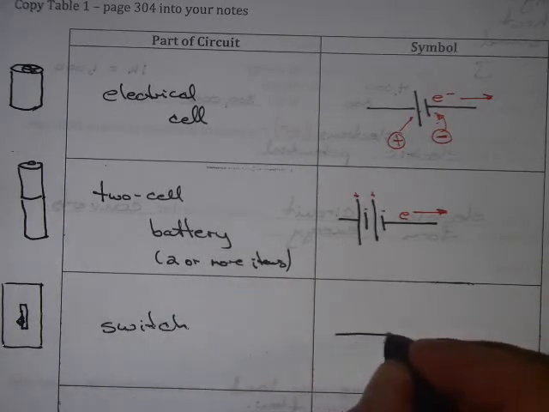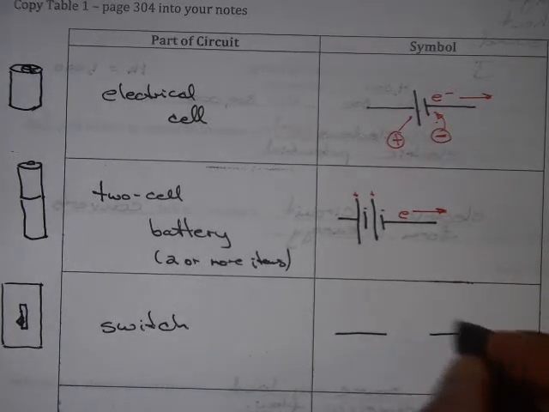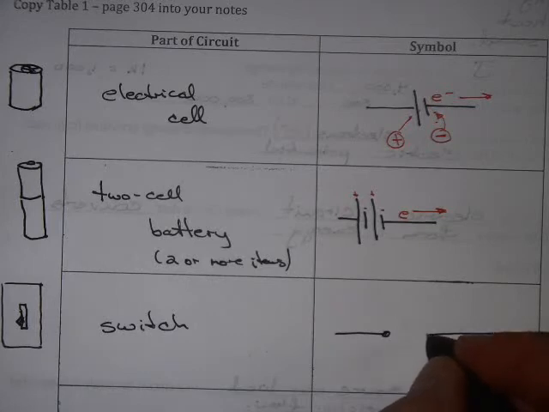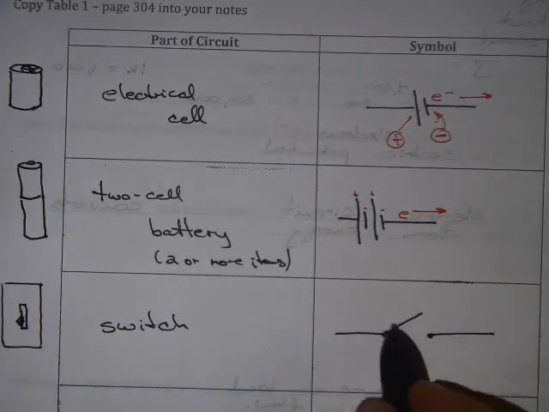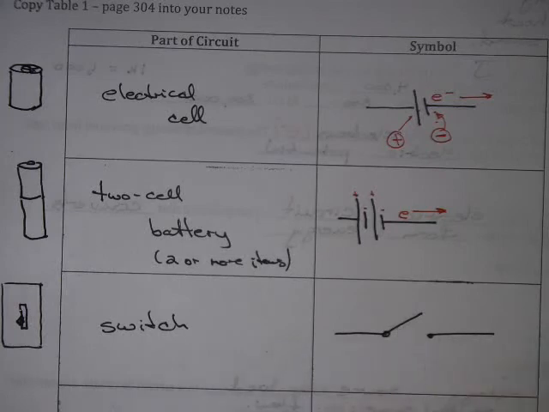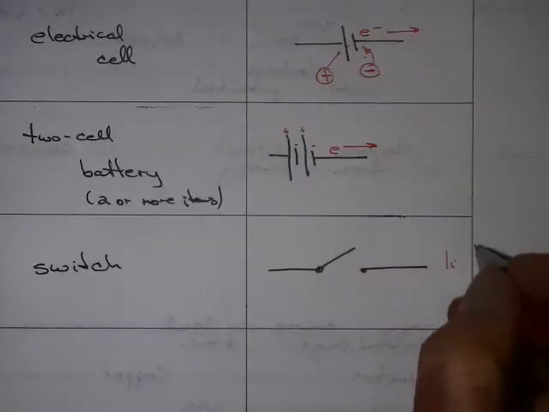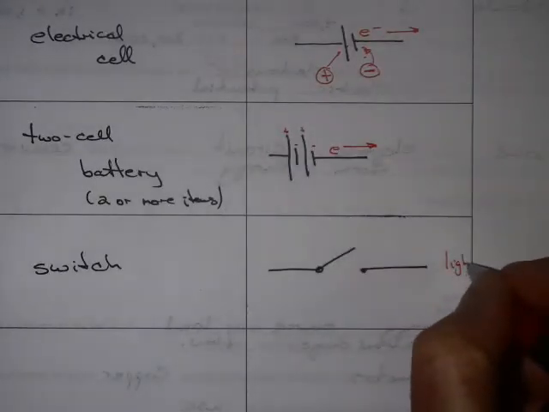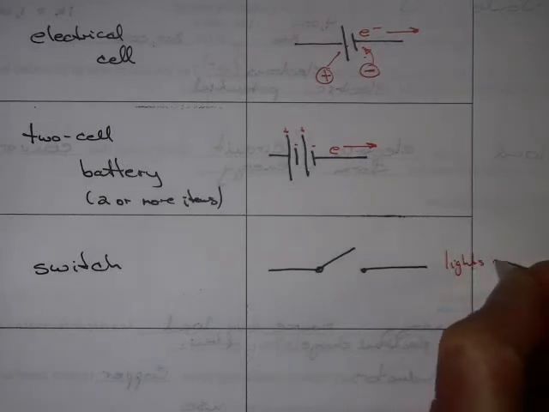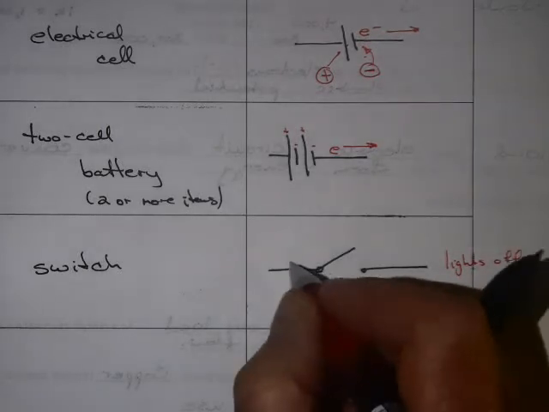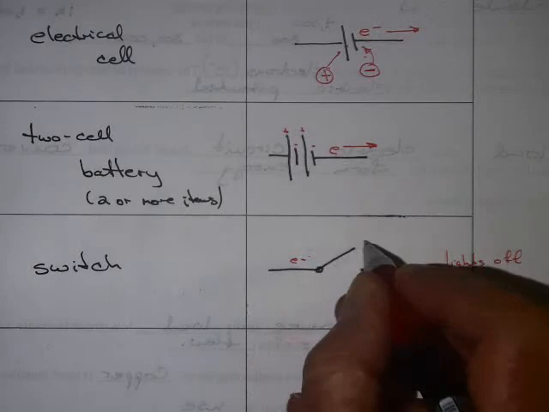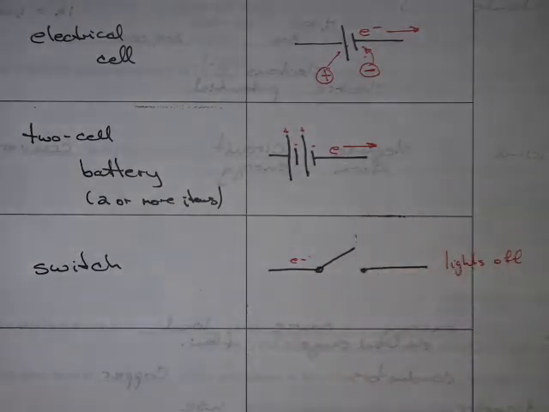So if this was an electric wire, and we do 2 little circles like this to indicate this is a switch. So this is an open switch. This is when the lights are off, because the electrons can't go through. They're stopped right here. Can't go through.